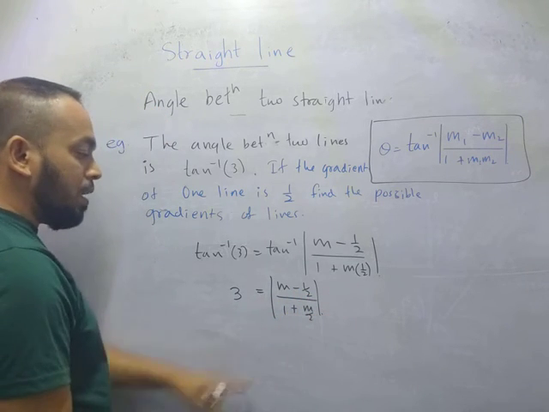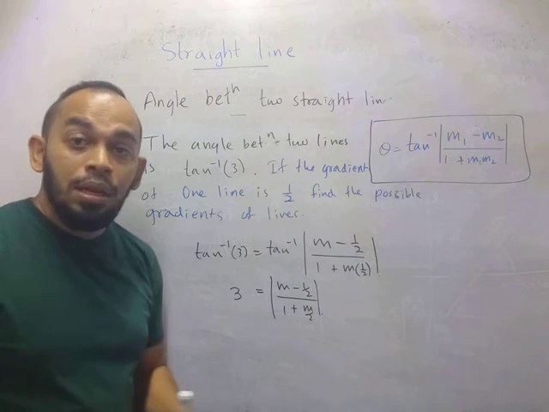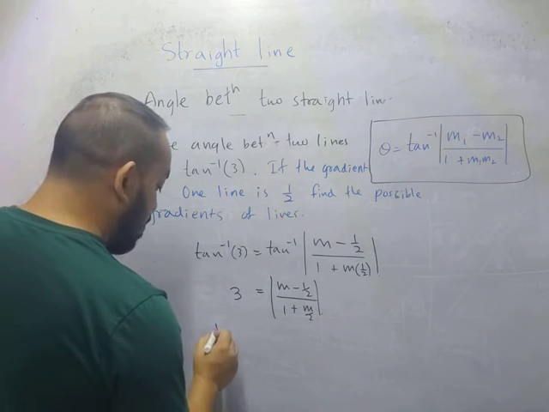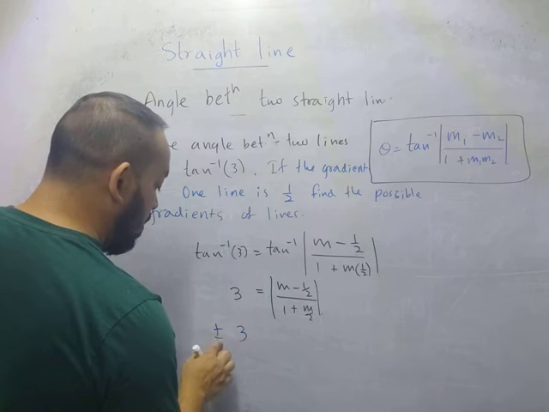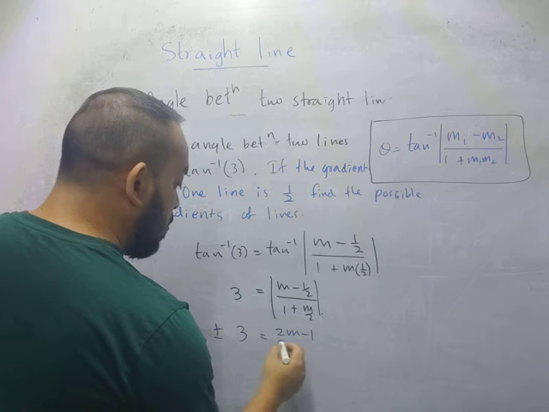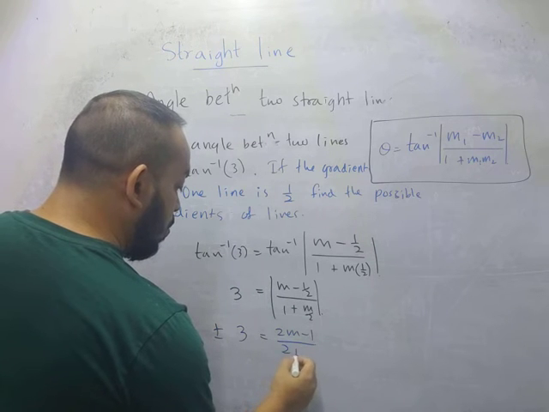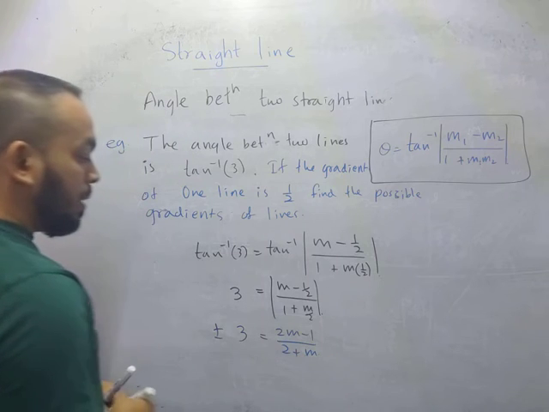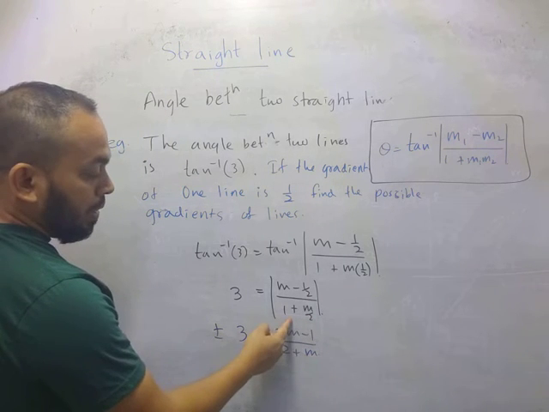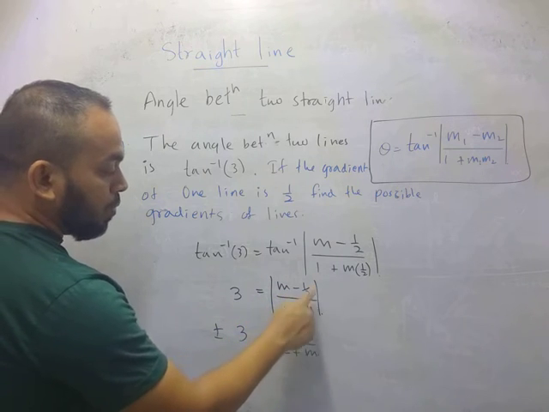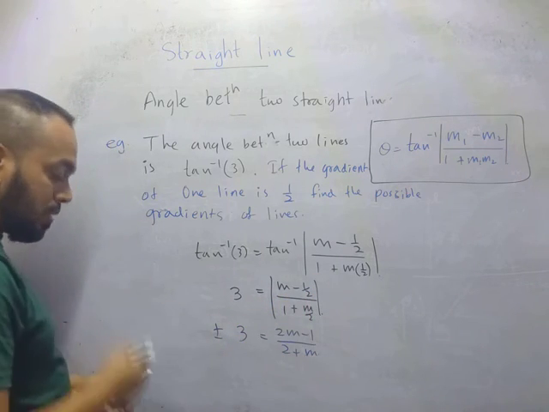Now we have the absolute sign. How do you get rid of the absolute sign? You can put plus or minus. So plus or minus 3, then 2m minus 1 divided by 2 plus m. Then common denominator: 2 plus m divided by 2, here 2m minus 1 divided by 2. The 2 cancels out and we have this.